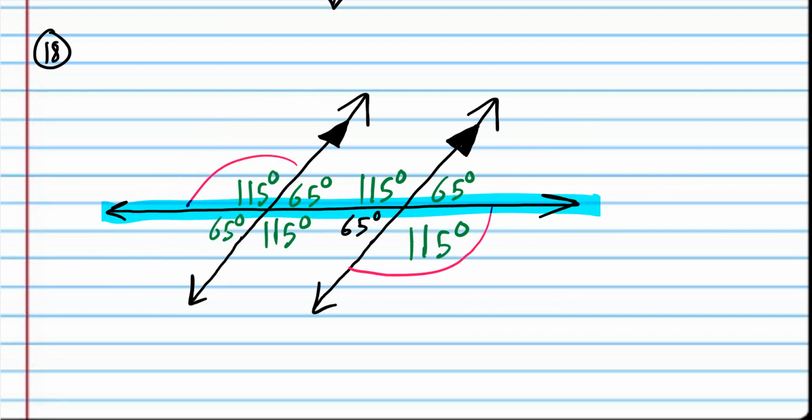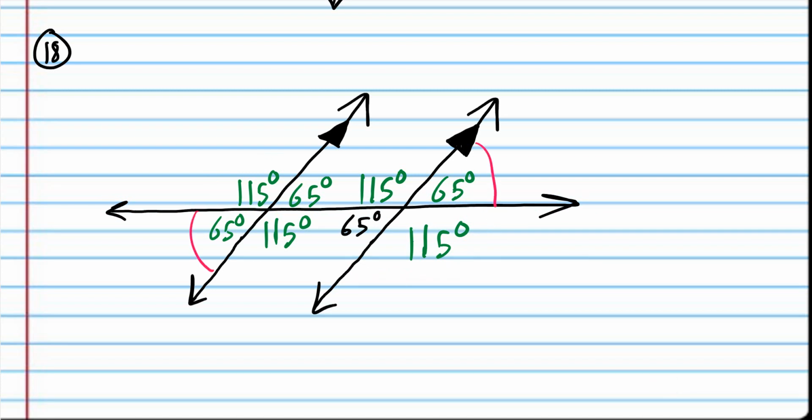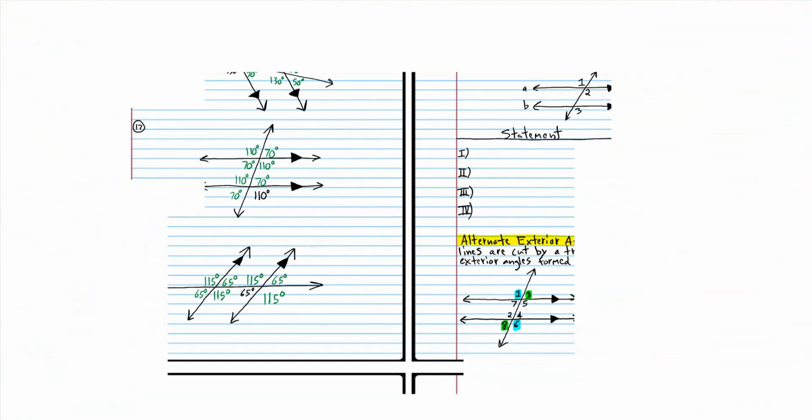This is the transversal. One angle is above and one is below. So they're called alternate exterior angles. Notice that alternate exterior angles are always congruent. The pink angles are both 115. Also, these angles are both 65. Those are alternate exterior angles. So because of the corresponding angles postulate, we know that those alternate exterior angles must always be congruent.